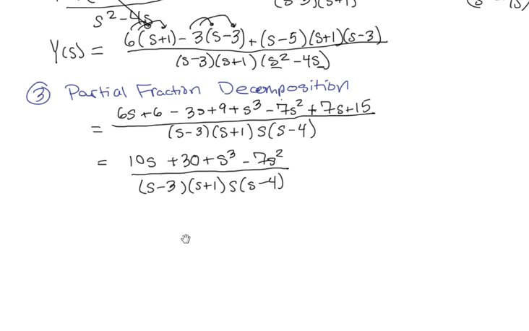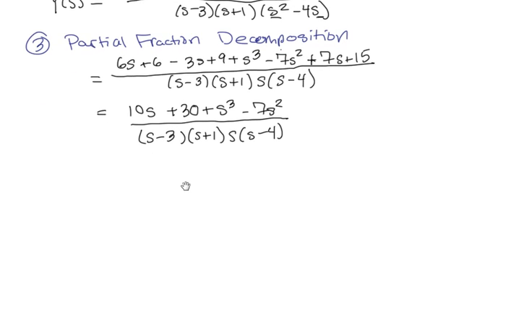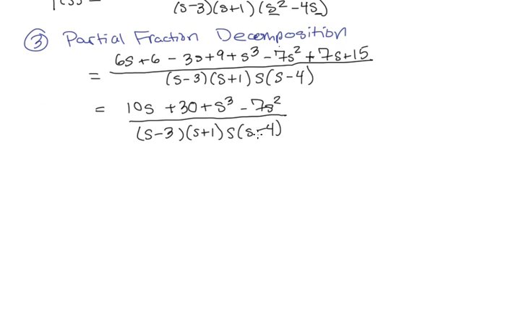Okay, so now this looks really nice. We can do our partial fraction decomposition, and this is a really nice problem for it because take note of the denominator. The denominator has distinct linear factors. So s minus 3 is linear, s plus 1 is linear, s is linear, and s minus 4 is linear.